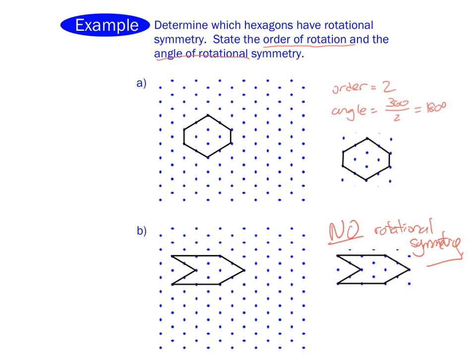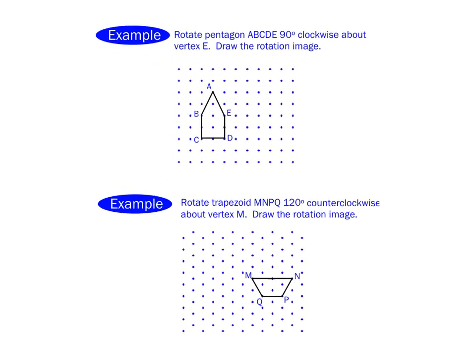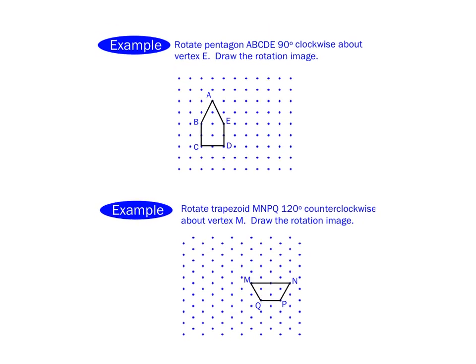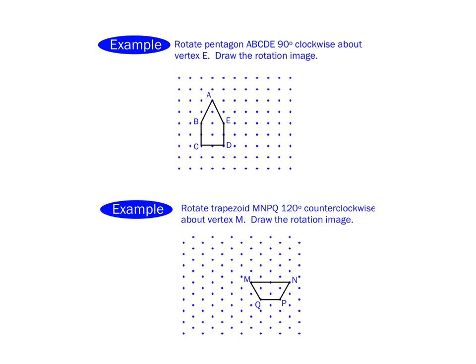All right. Moving on. So here we've got a couple examples. Rotate pentagon ABCD 90 degrees clockwise about vertex E. Draw the rotation image. So how do you know what 90 is? Well, let's think about a circle.